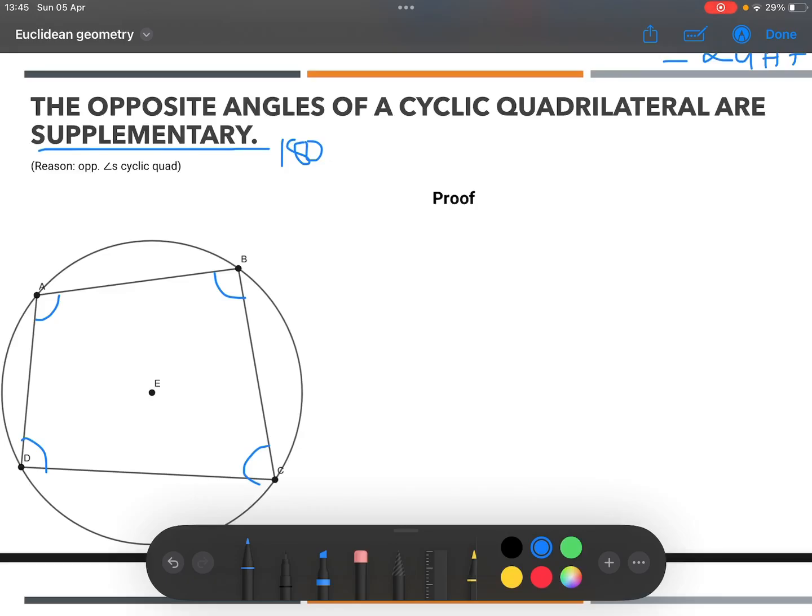Let's take a look. In this instance, let's say we are required to prove that A plus C is equal to 180 degrees.